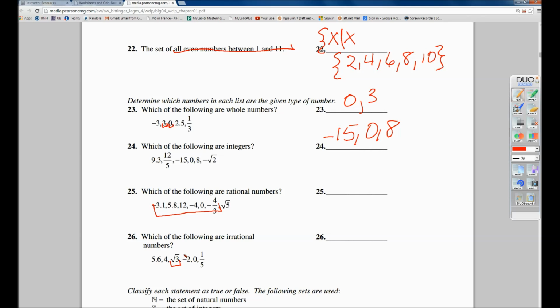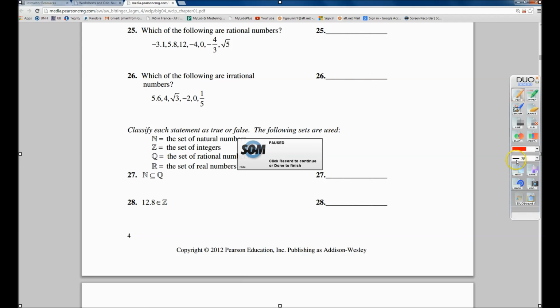And let's look at this last one. We're asked here for number 27, using these letters to define the sets of numbers, is a natural, or are natural numbers a subset, that's what that symbol is, of rational numbers?